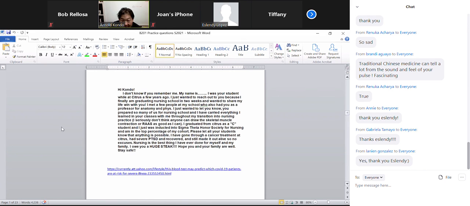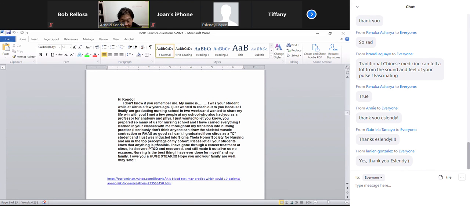This was one of my students who emailed me, and I love it when she said this: I seriously don't think anyone can draw the skeletal muscle contraction or RAS as good as I can. This is what makes me happy. I can delete some of the other personal stuff and post it as an overall review document for the class.